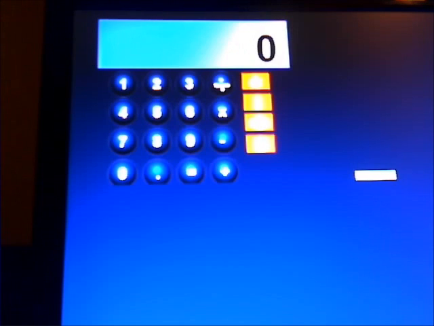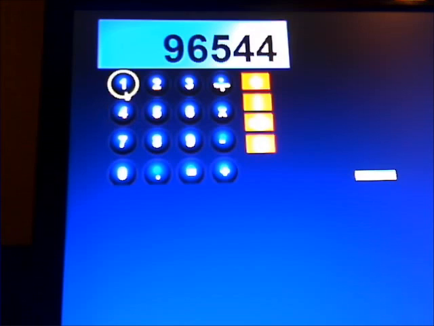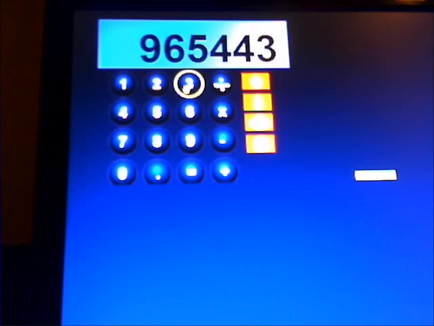Okay, we're going to put these in ascending order. Well, it's going to be descending because I'm going to be starting off here, aren't I? Right.